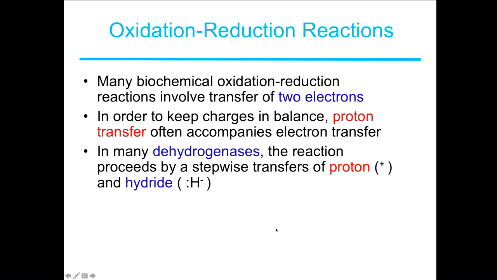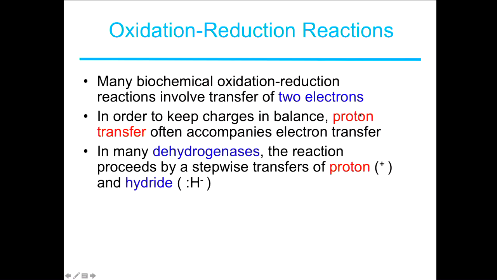When we talk about biological molecules, so again, when we talk about doing things to glucose or other molecules like that, we're often going to have 2 electrons being moved. In many, many cases, it'll be 2 electrons. And if you think about it, if we're moving electrons, we're moving negative charges, so we kind of want to keep things evened out a little bit.